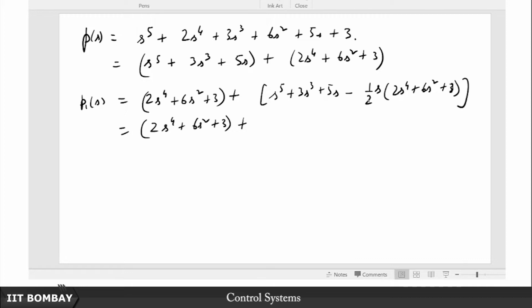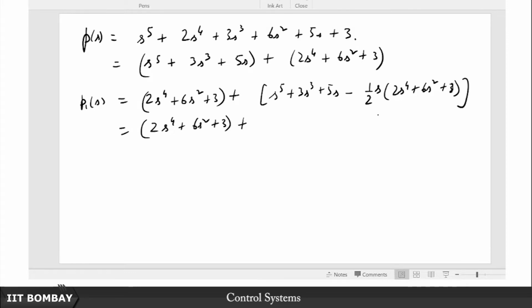In your bid to get rid of s to the 5, you have multiplied it by a suitably scaled factor, and in the process you have also eliminated s cubed. The coefficient of s cubed is 3, and in the remainder the coefficient of s cubed is also 3. So, 3 and minus 3 cancel out.